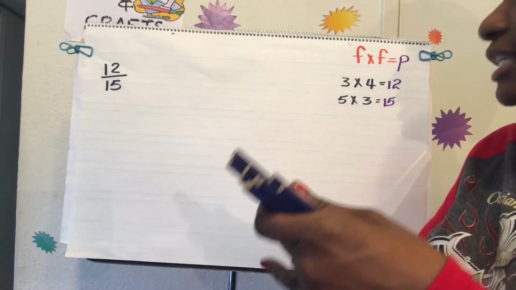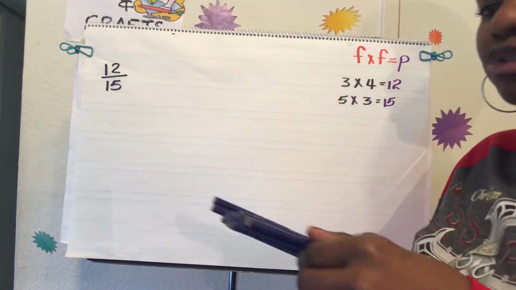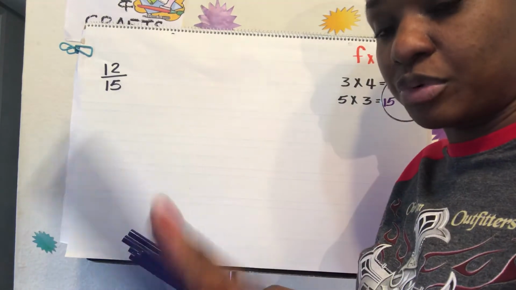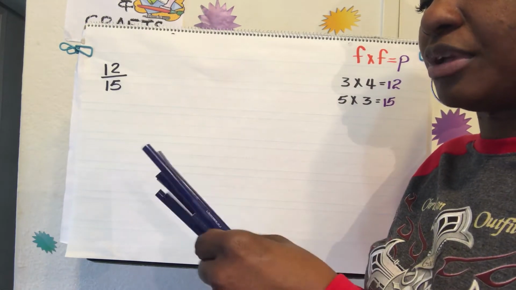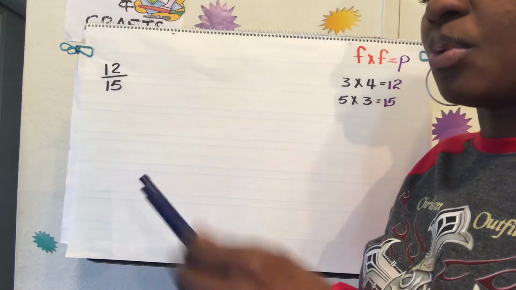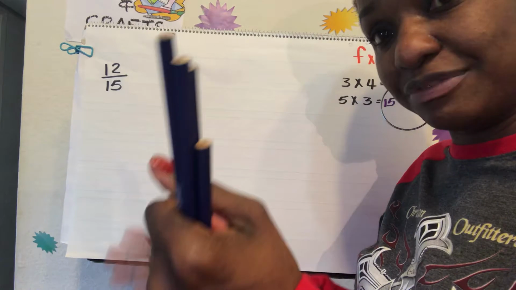So I have 12 pencils here, and I'm going to divide 12 by 4. So I'm putting them in groups of 4. 1, 2, 3, 4. That's my first group of 4. I'm going to rest it right here. Second, 1, 2, 3, 4. That's my second group of 4. 1, 2, 3, 4. Okay, nothing is left over.